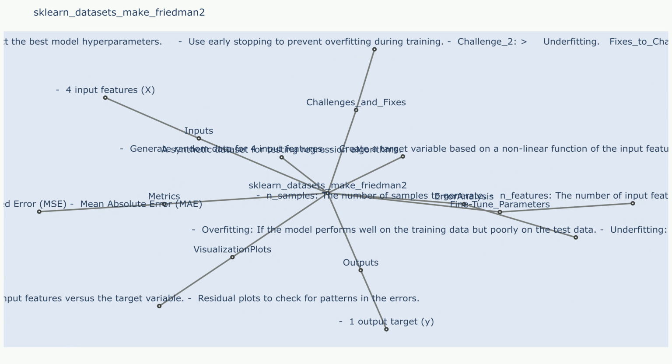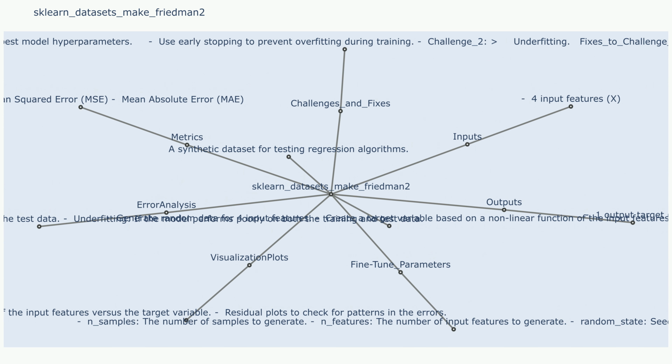Visualization. Scatter plots can be used to visualize the relationship between the input features and the target variable. This can help identify any nonlinear patterns in the data. Pair plots show the relationship between all pairs of features and the target variable. They can reveal complex dependencies and potential interactions.